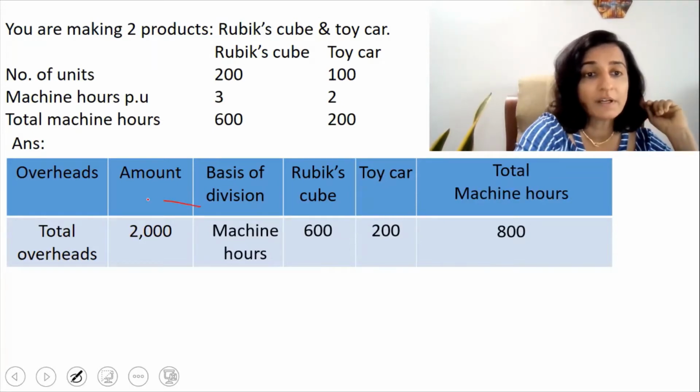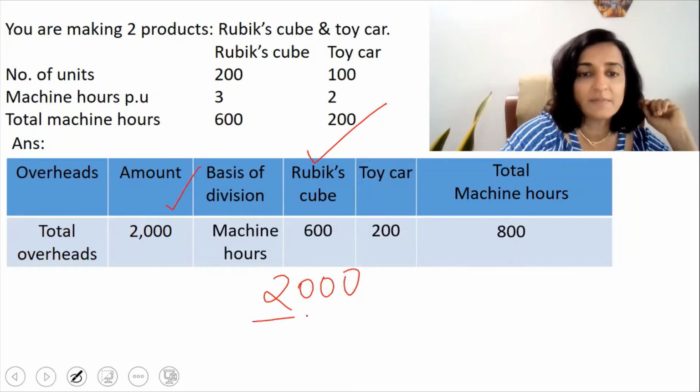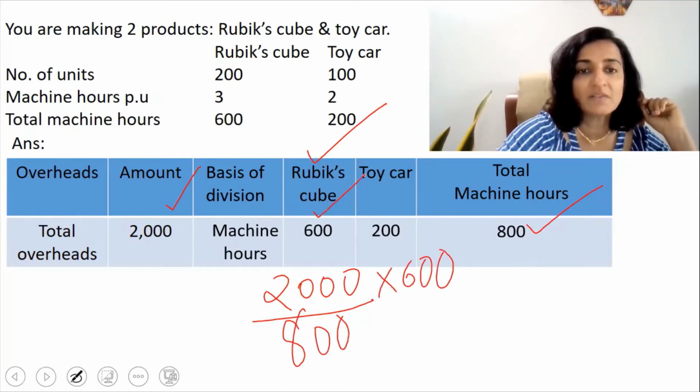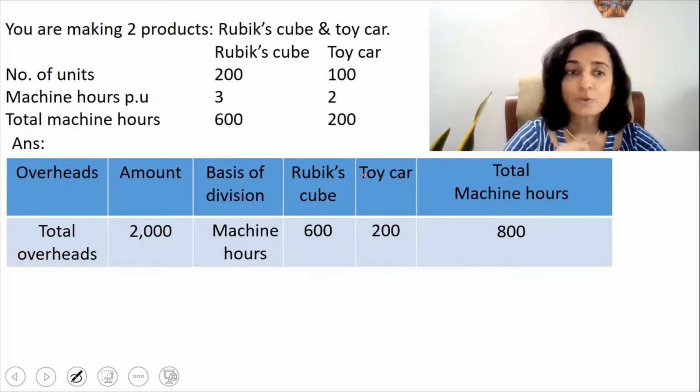Now, in order to divide the $2,000 in the ratio of 600 is to 200, how do we do the calculation? For Rubik's Cube, it will be $2,000, that is the total, divided by 800 multiplied by 600. What is 600? The machine hours related to Rubik's Cube. And how do we do the calculation for toy car?